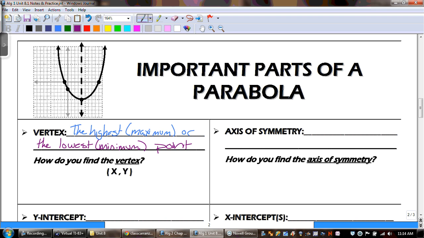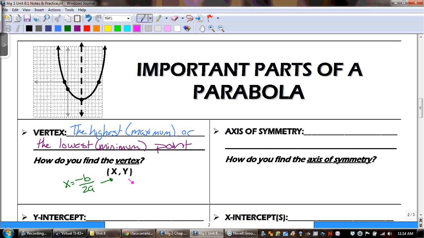And how do you find the vertex? Well, to get the first point, the x equals the opposite of b over 2a. I'd be like, whoa, Mr. Grice, what's that? Don't worry, we'll go through it.